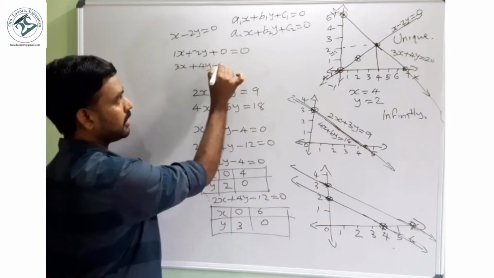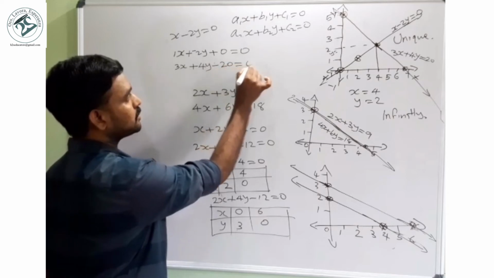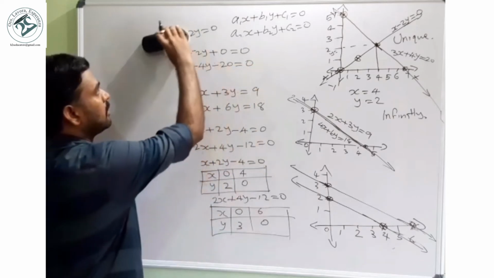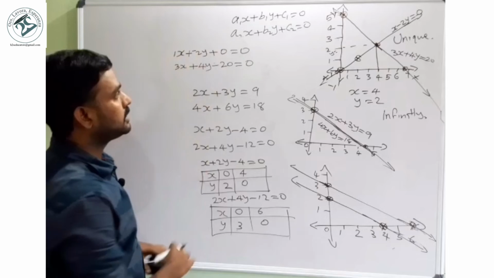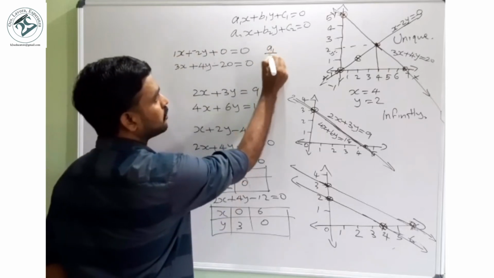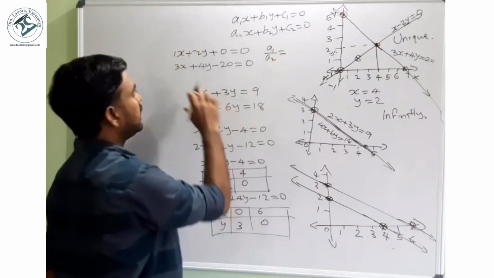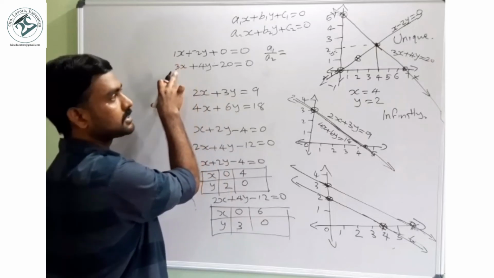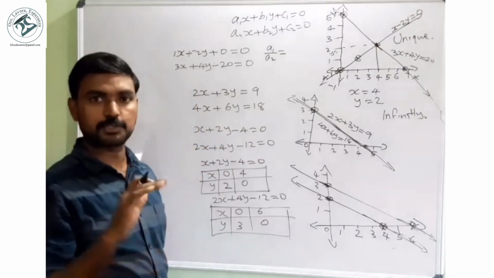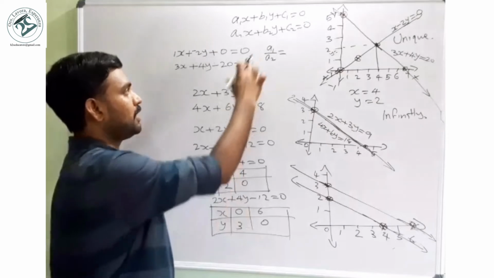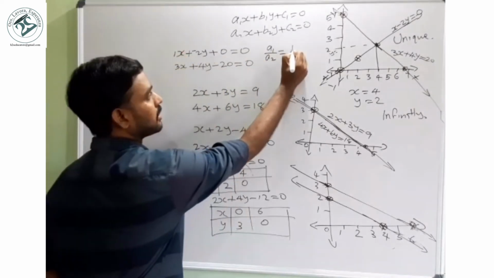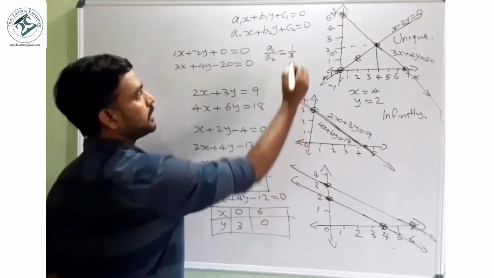So we can write minus 20 is equal to 0. Now you can identify what is a1 by a2. a1 means this number, a2 means this number. This 1 stands for the first equation, 2 stands for the second equation. So a1 by a2 is equal to 1 by 3. What is b1 by b2?